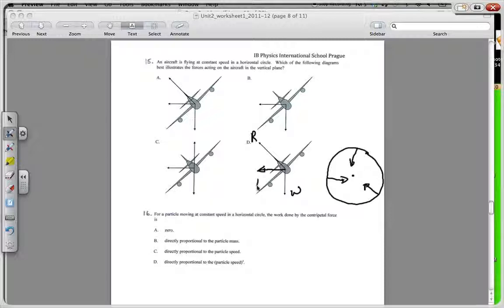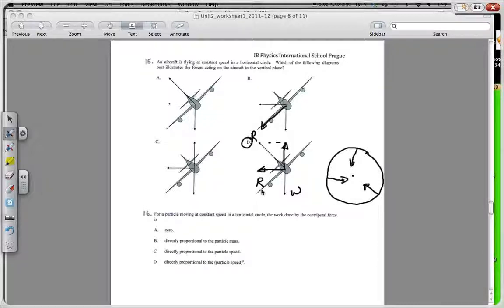The vertical component of this directly cancels out the weight, leaving a force that goes in towards the center. The other options are not the forces acting, because the force on the wings is always at right angles to the wings, so those are not correct. So it's going to be D.